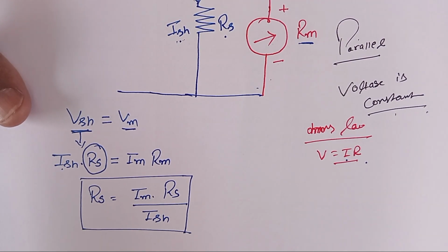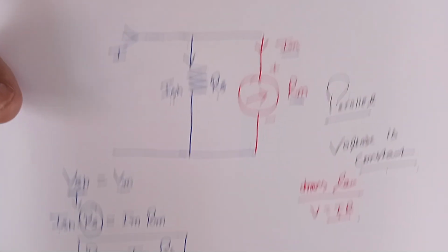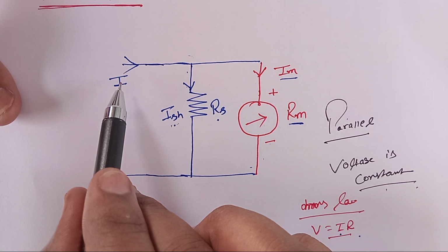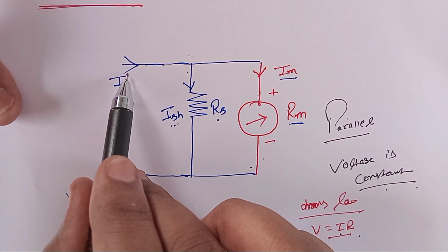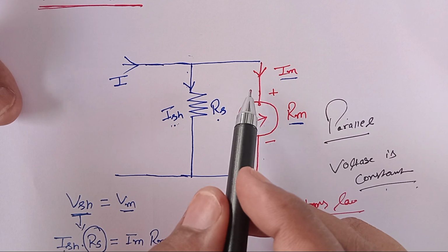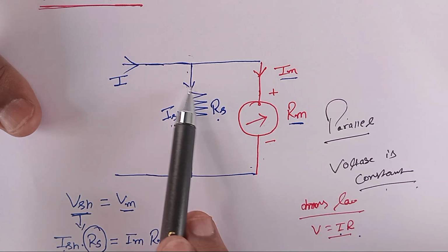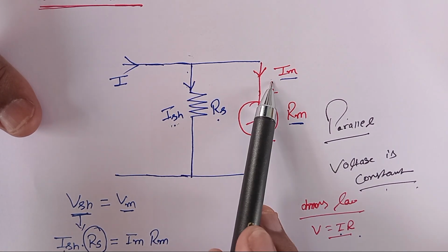Now this value of current Ish can also be written as follows. From the figure, the total current I can be written as Ish plus Im, because these two branches are in parallel.